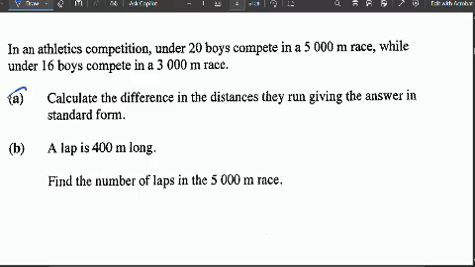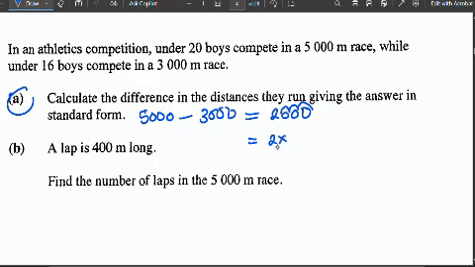All right, so A, calculate the difference in the distances they run, giving the answer in standard form. So the distances, it's 5,000 meters minus 3,000 meters. This can give us 2,000. So 2,000 in standard form, we count 1, 2, 3. So it's 2 times 10 to the power 3.